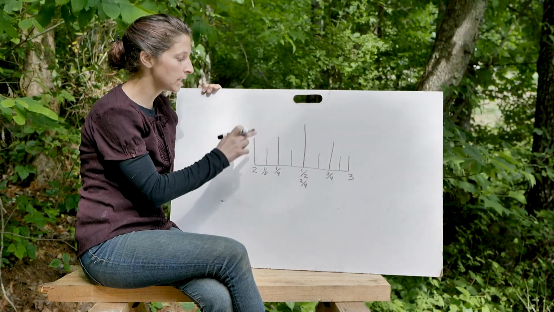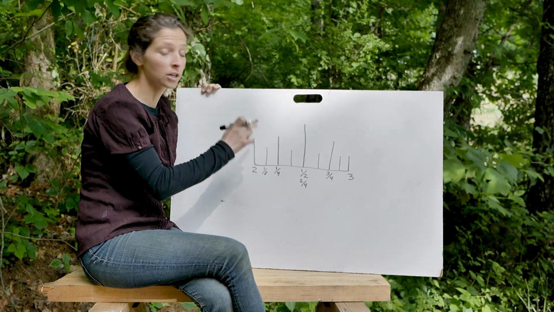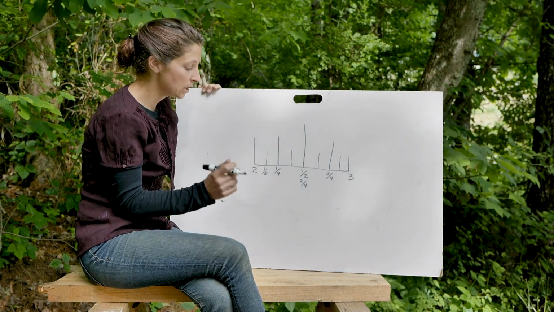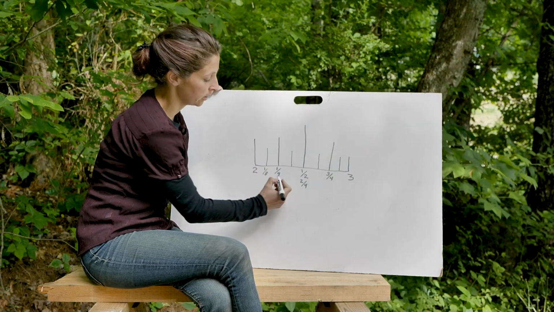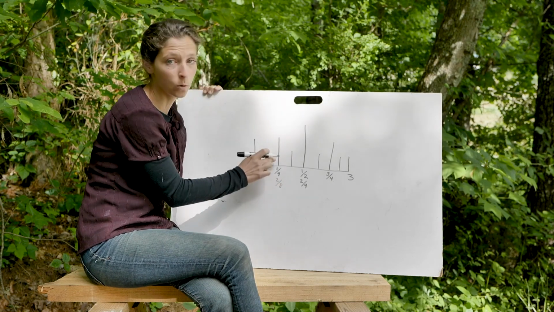You have to count every line that is taller than the line that you're on in your measurement. So it's actually going to be 1/8, 2/8 is the same as our quarter measurement.